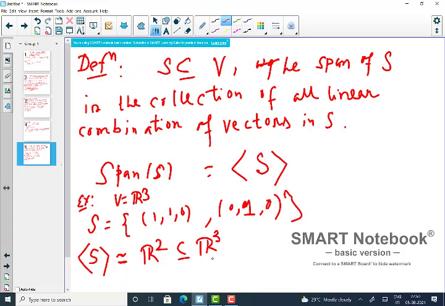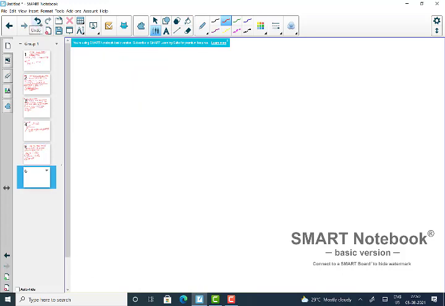So this is called the span of a set, and it has a nice property. What is the important property?